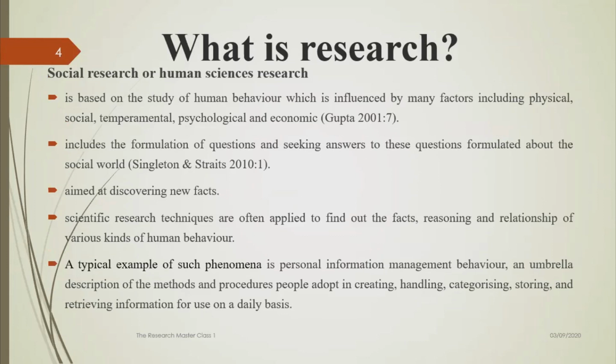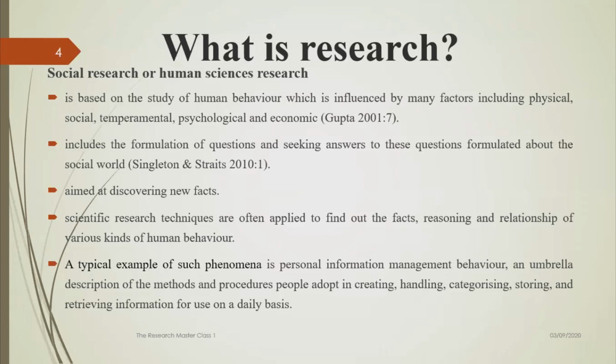These are based on human behavior. We try to search probably what is happening in our society. And so factors such as physical factors, social factors, sometimes temperamental factors, psychological factors, and even economic factors can influence this research. Social research is most often carried out in communities, or in the society.